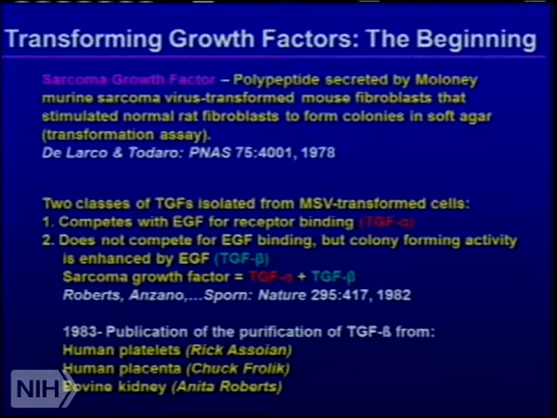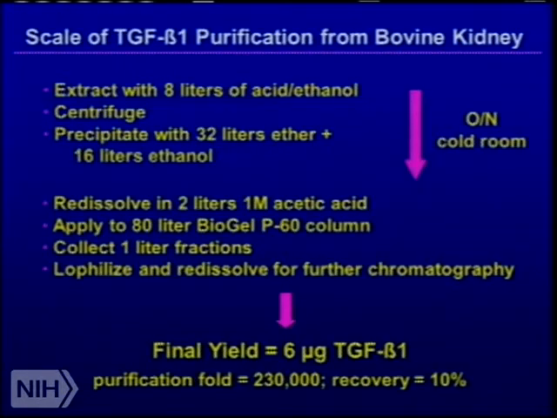Following this, the purification of TGF-beta was published from human platelets and human placenta, as well as bovine kidney. Again, all this was done at the NCI. To give you some idea of the purification, this is from bovine kidney.